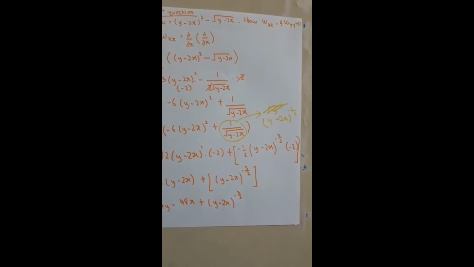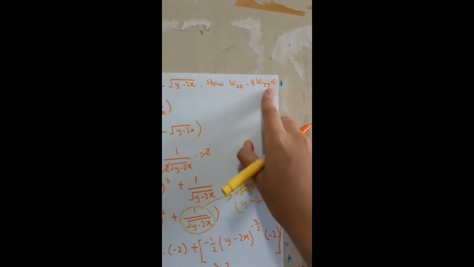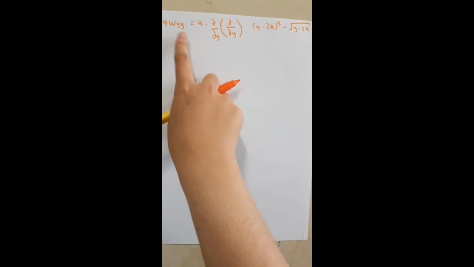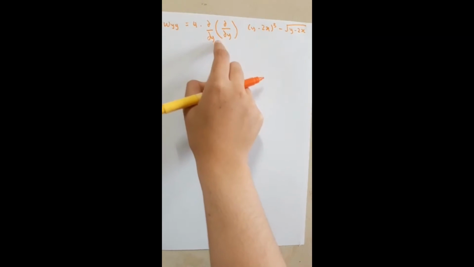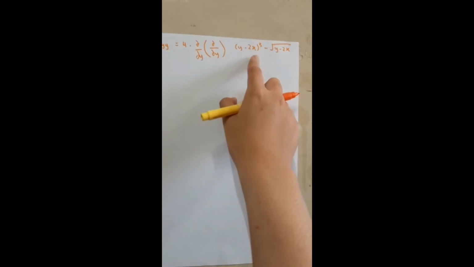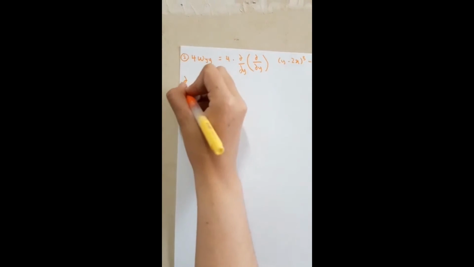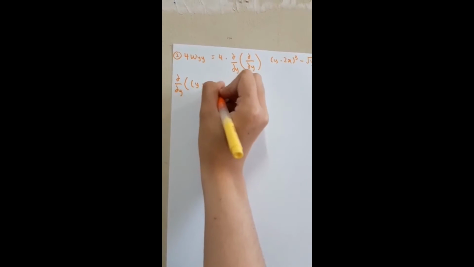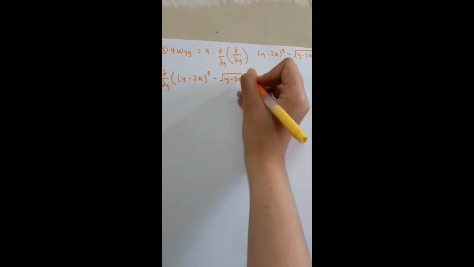So we will make another one, which is for wyy. Okay, so we move on to the next one, which is wyy. This is the given formula. So we must differentiate this function with respect to y twice. Okay, so let's start with the first one. So del over del y of (y minus 2x) to the power of 3 minus square root of (y minus 2x).